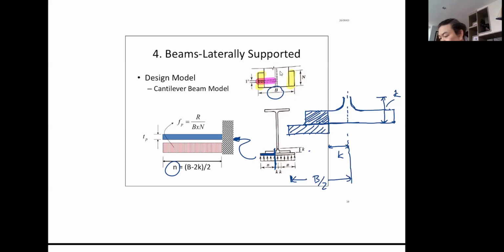So this is the model that we used, and we can calculate the stress that's going to act on this beam, coming from the reaction divided by the area of the plate, BN.